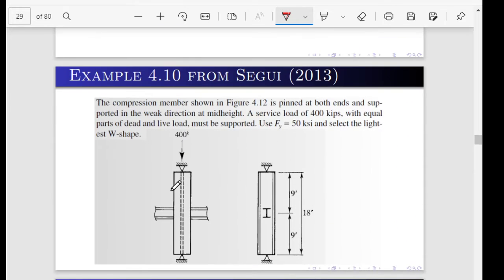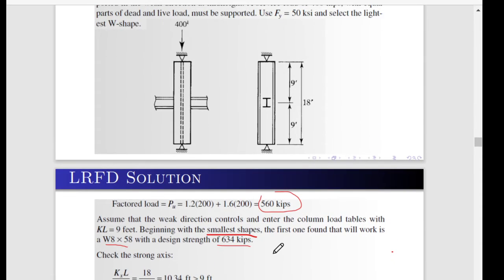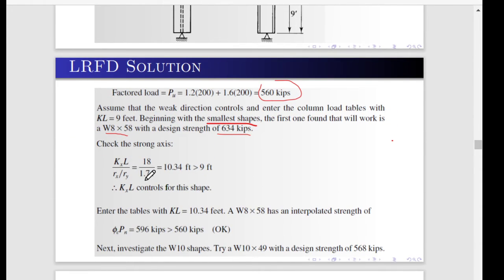The strong axis is the whole length of the compression member, 18 feet. So 18 divided by this ratio, rx over ry, is 10.34, which is greater than 9 feet, meaning this strong axis will control. The KxL controls for this shape.